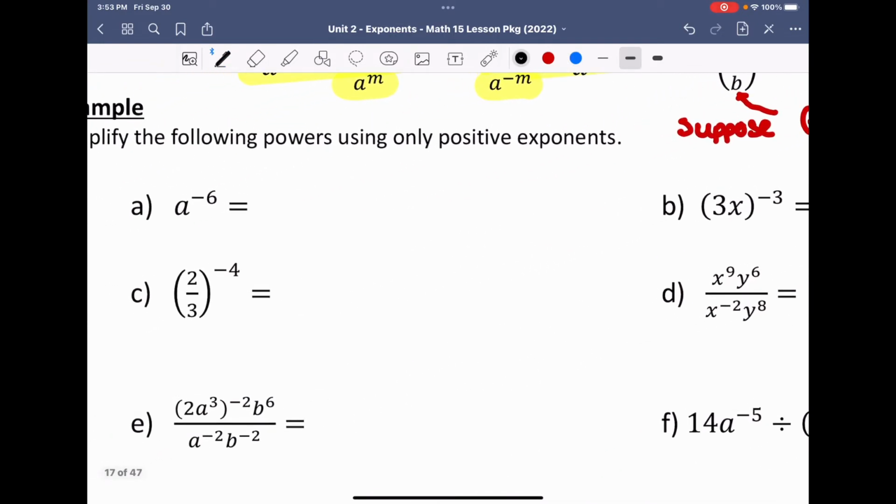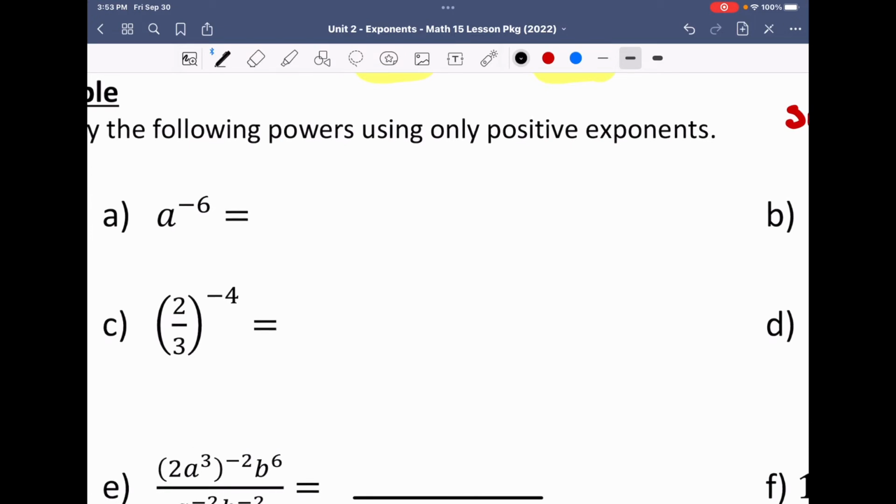I'm going to go to A here. We know a negative exponent will flip the base to the reciprocal of wherever it is. So in this case, it is in the numerator. I'm going to flip the A to the denominator. And what do I do with the exponent? It becomes positive.